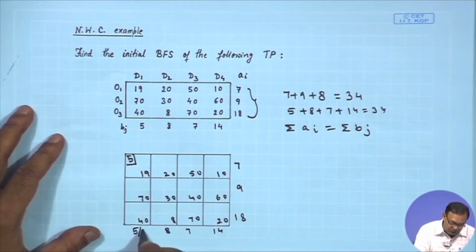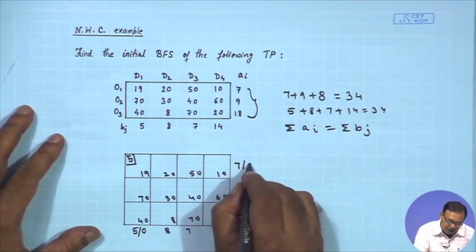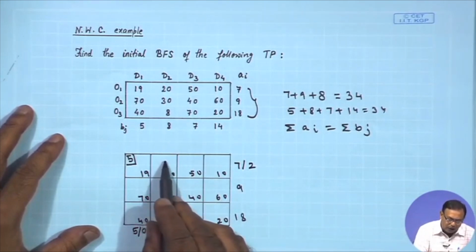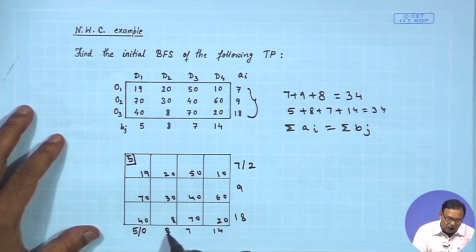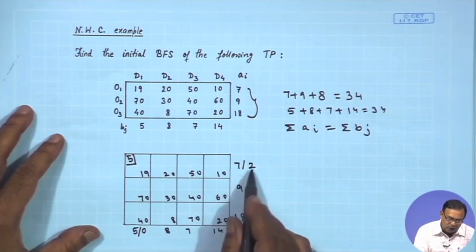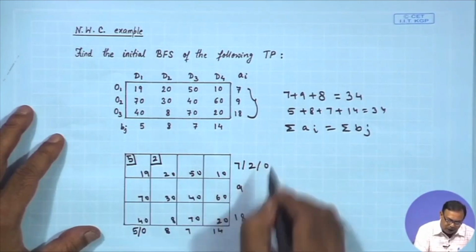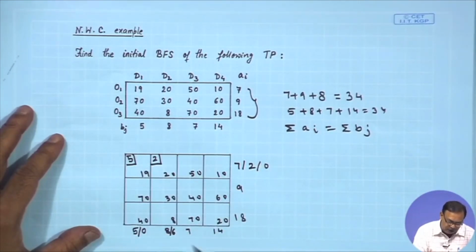Now this becomes 0, and this 7 reduces to 2. Now, go to the next one. In the next one, the minimum of this availability and demand, 2 and 8, is 2. So, therefore, allocate 2 over here.